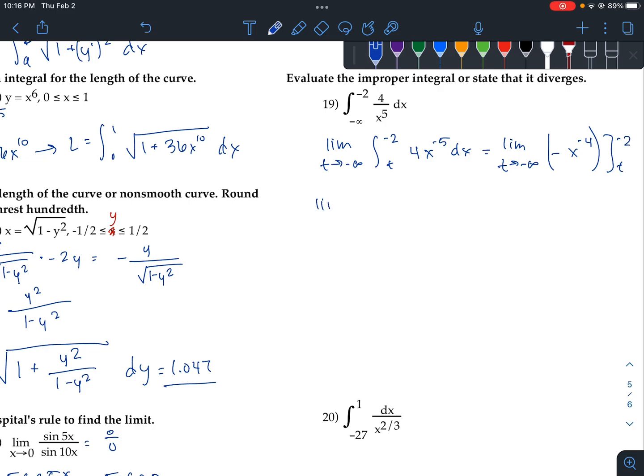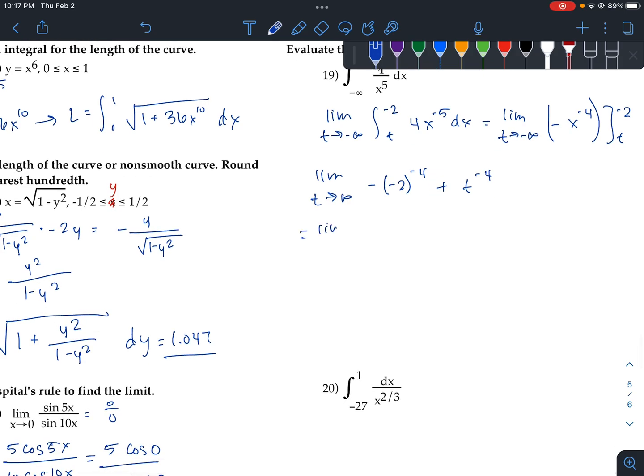Plug in my bounds, so I get the limit as t approaches infinity of negative 2 to the negative 4 plus t to the negative 4. Right, okay.